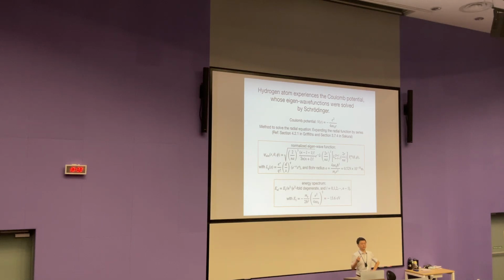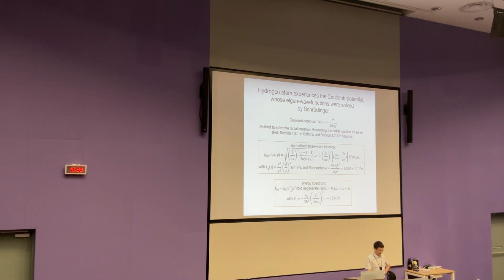The other, in principle, can also depend on the angular momentum magnitude, which is L. But really, after solving the wave equation, what was originally found by Schrödinger was that this energy eigenvalue only depends on n, the principal quantum number. It doesn't depend on L or M.